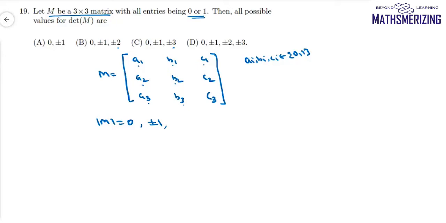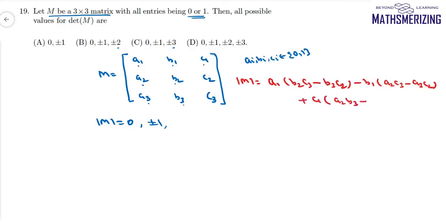I'll find this determinant M. So determinant of M will be, so this is A1 and this is B2C3 minus B3C2 minus B1, so it is A2C3 minus A3C2 and then plus C1, which is A2B3 minus A3B2.